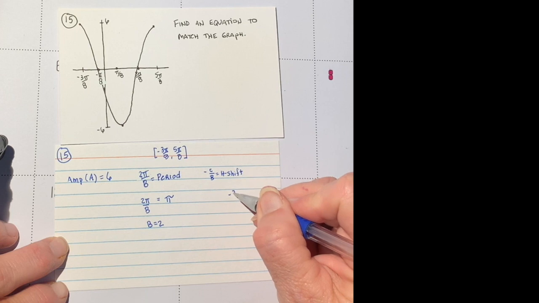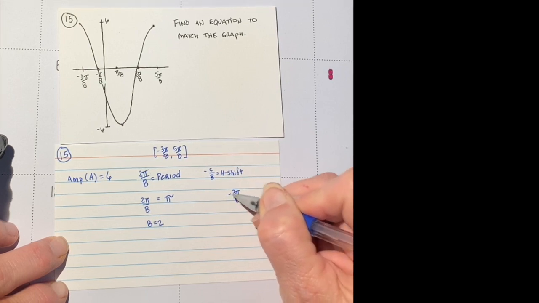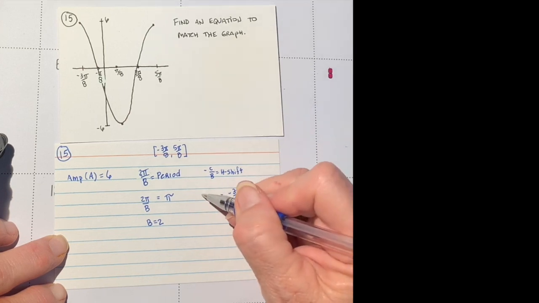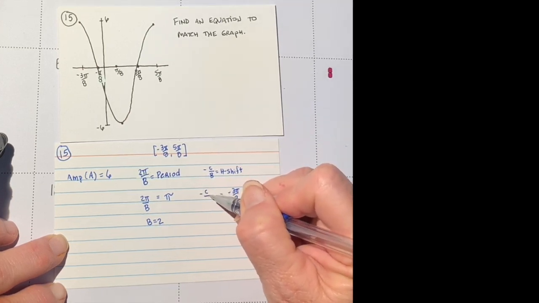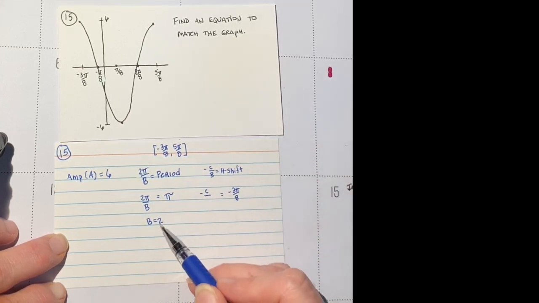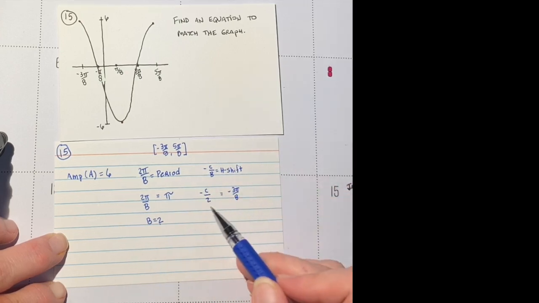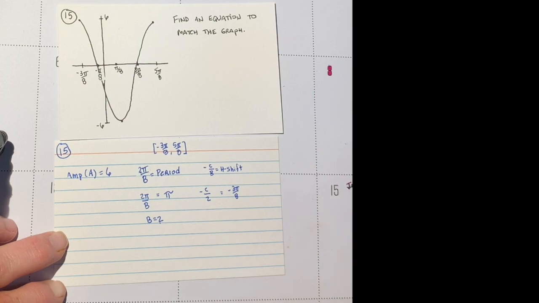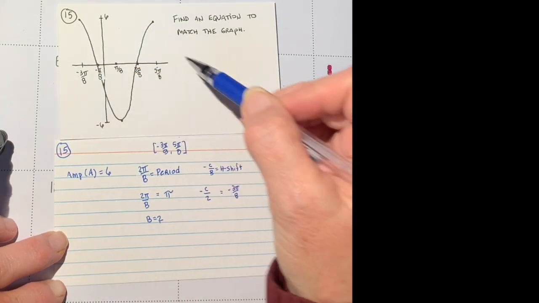My horizontal shift is negative 3 pi eighths. So I basically need to find the phase, or what C is. So negative C divided by B, so I would have to know B to be able to do that, and I do. Then I've got everything I need to put together the equation that represents this.